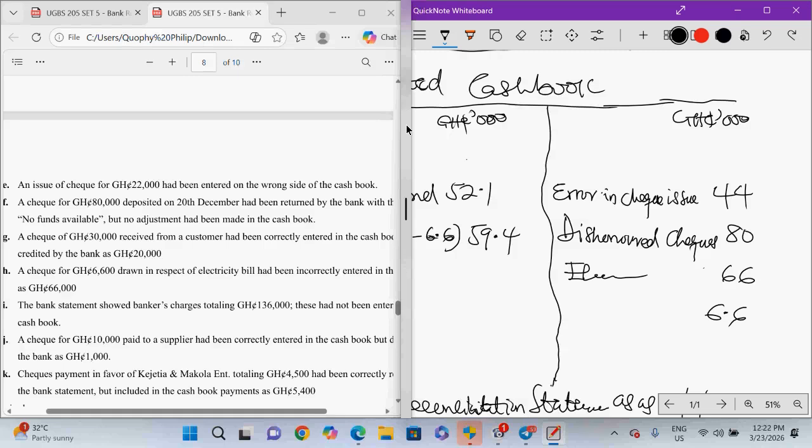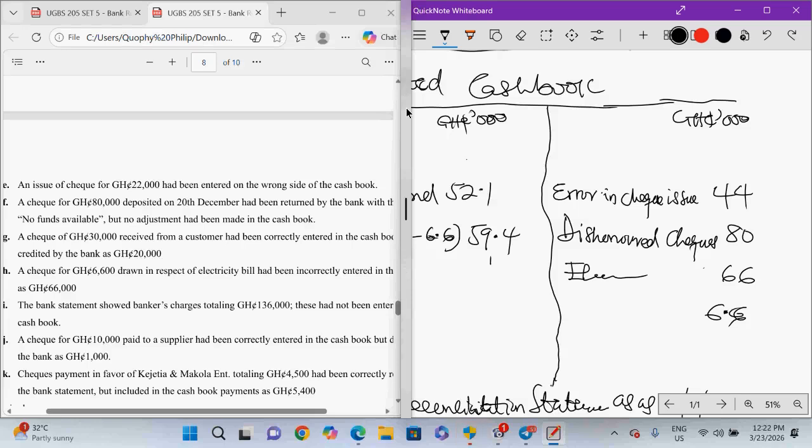So once we are recording the 59.4 at the debit side, it indirectly means that 59.4 will go into itself 1. Then it will go here 1, remaining 6.6. Then it will reflect the correct thing that we wanted to do. I don't know if I'm making sense now.